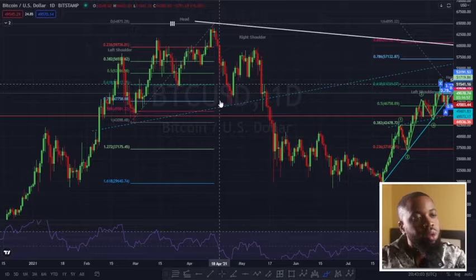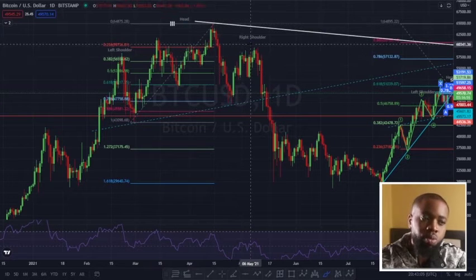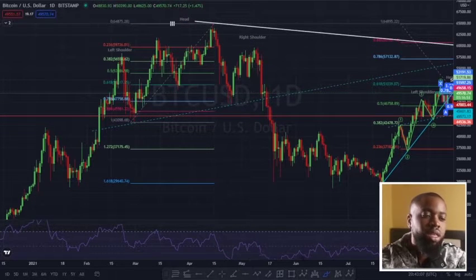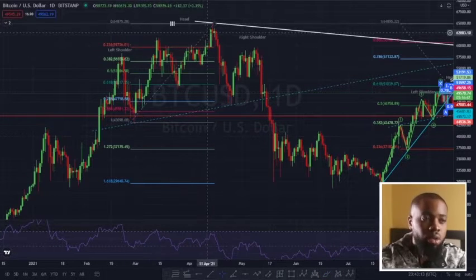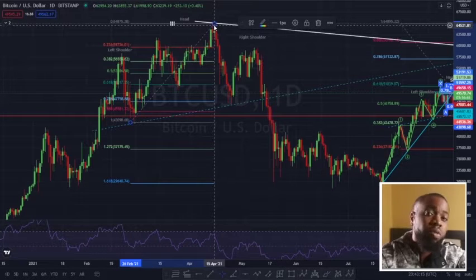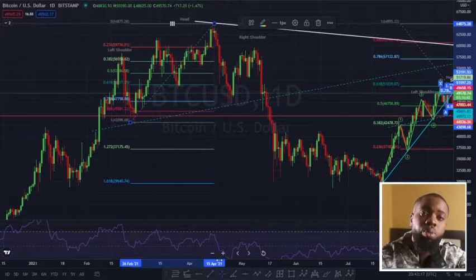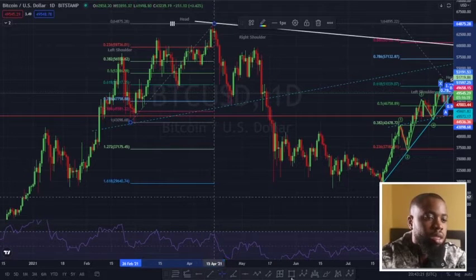We then went up for a wave 2, and to get the wave 2 is simply a retracement of your wave 1, which can fall on any of the Fibonacci numbers, 0.618, 0.786, whatever. Just keep that in mind.